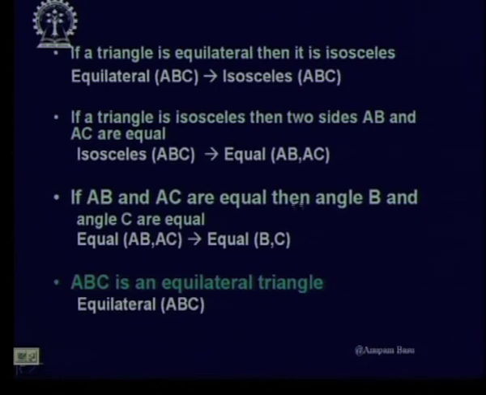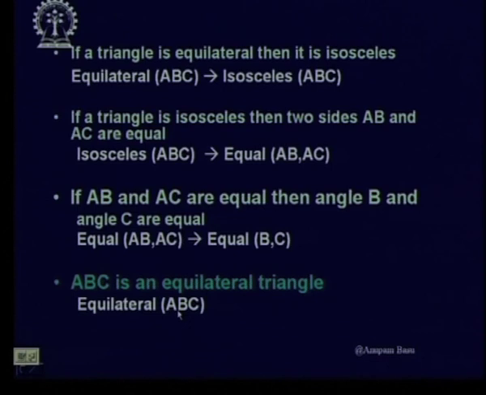If AB and AC are equal, then angle B and angle C are equal, written in the predicate form as equal AB AC implies equal B and C, where B and C are angles. ABC is an equilateral triangle, so we simply write equilateral ABC.